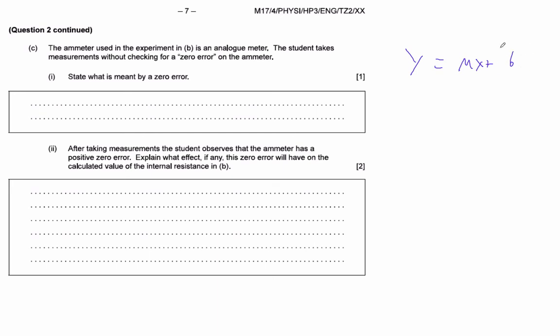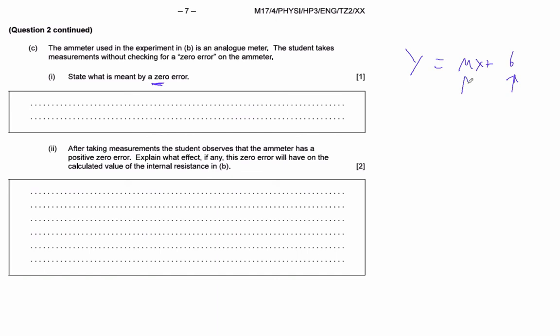If there's zero current flowing, it should read 0. That is called a zero error. If it sits there and reads, say, half an amp when there's zero current flowing, then it has a zero error. Or it could read negative half an amp or anything.